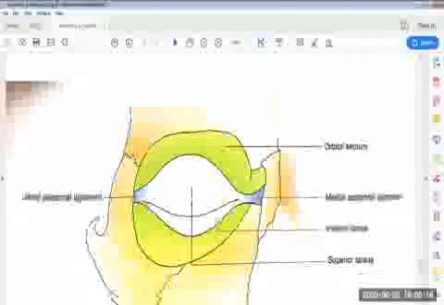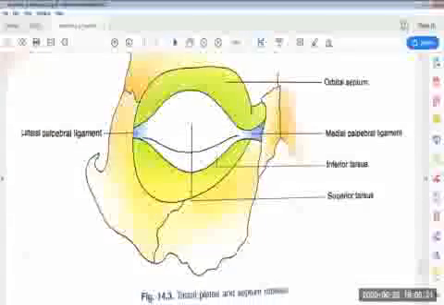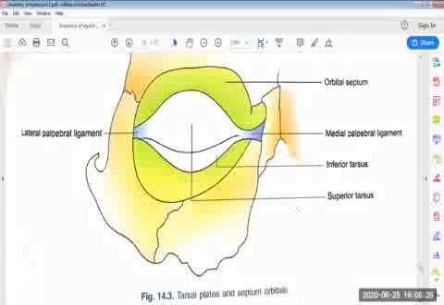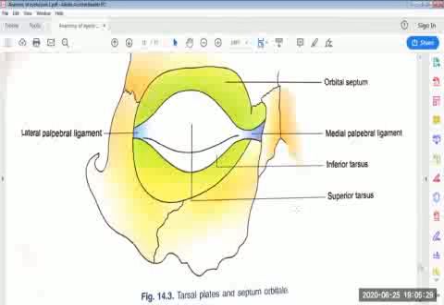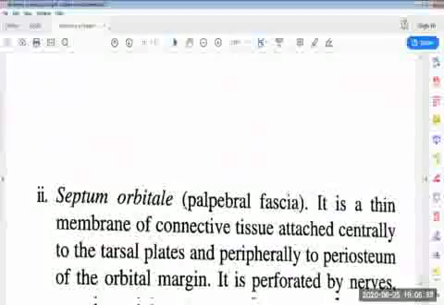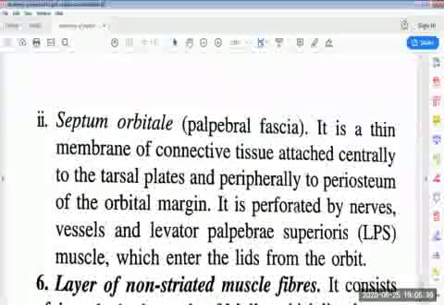Then in this image they have shown the tarsal plate and the septum orbitale. Okay, the inferior tarsus, the superior tarsus, and on both sides they have shown the lateral palpebral ligament and the medial palpebral ligament. So the next part is the septum orbitale, which is also called the palpebral fascia.